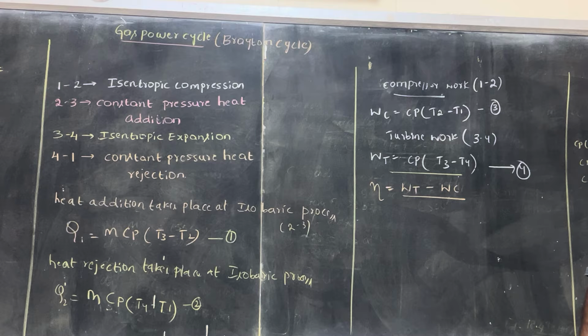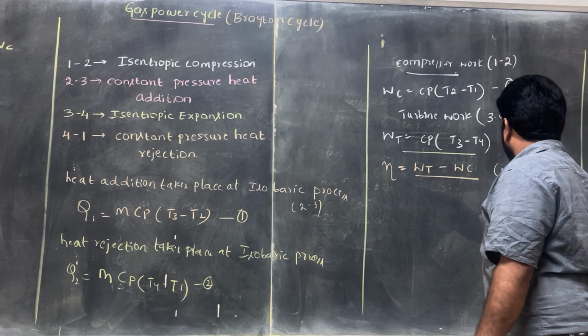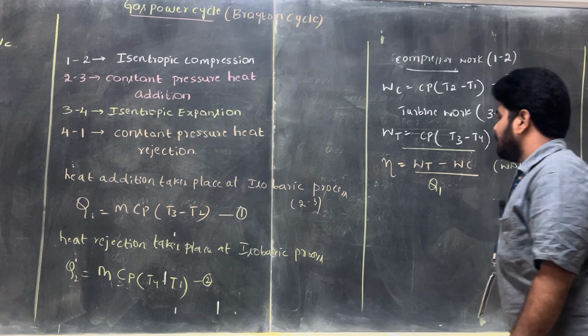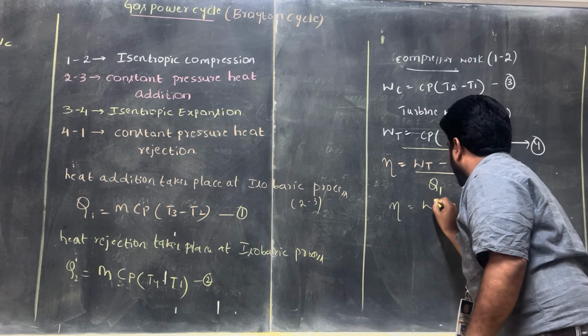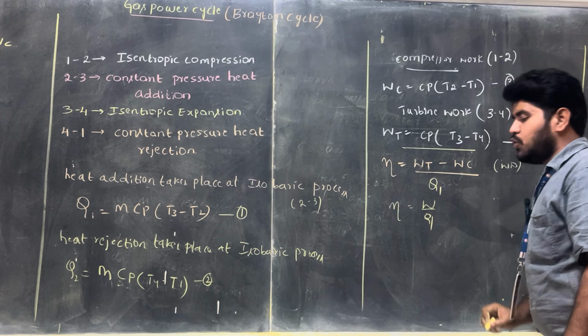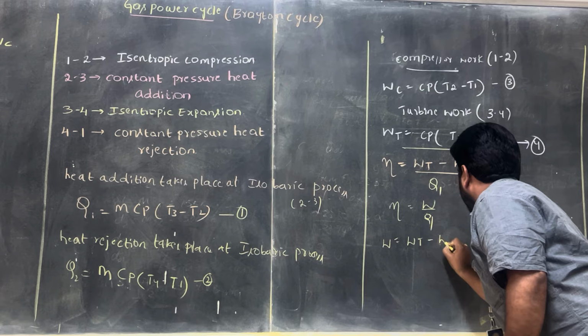Now we know what efficiency is. Efficiency is given by the work done divided by the heat supplied. So I take the total work W divided by Q1. The total work is equal to the turbine work minus the compressor work.